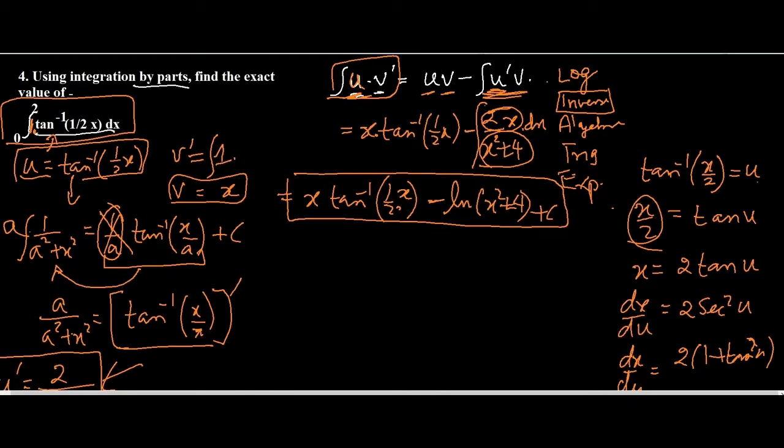But now the definite integral we have to evaluate. So we'll put 2 and 0, and we'll substitute and we'll get our answers.